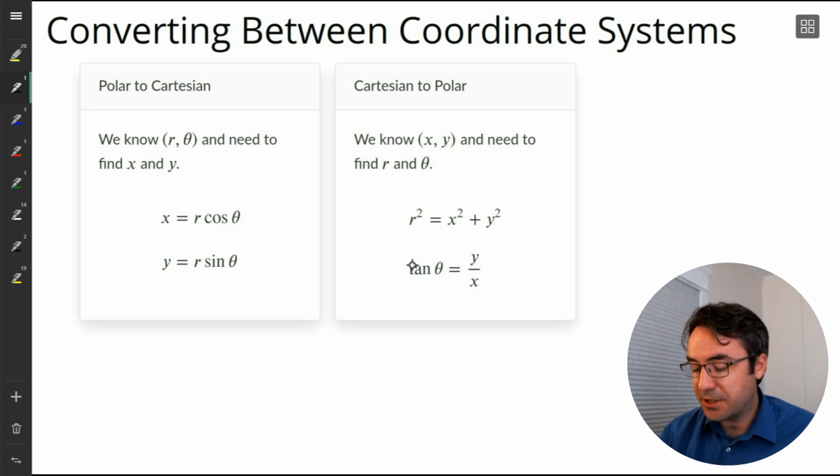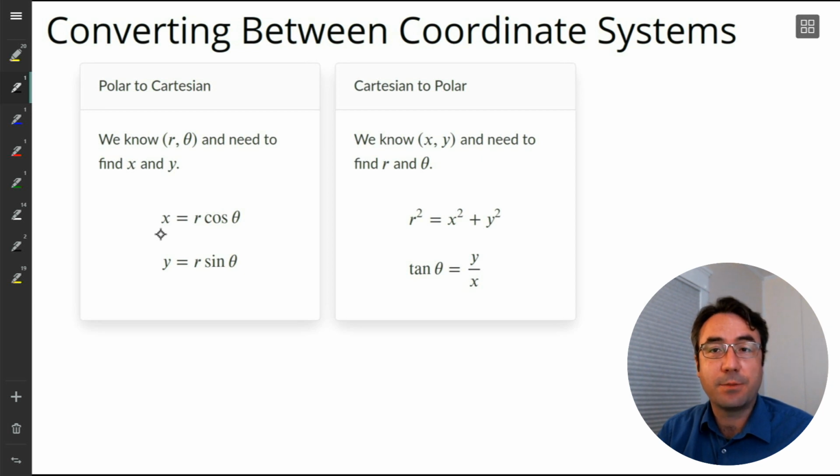So you can see there's a little bit more work here in finding r and theta from these two equations. We don't have an explicit formula like we do for the first one, polar to Cartesian, that tells us x is equal to this, y is equal to this. Here there's a little bit more subtlety. We have to actually do a little bit more work here.